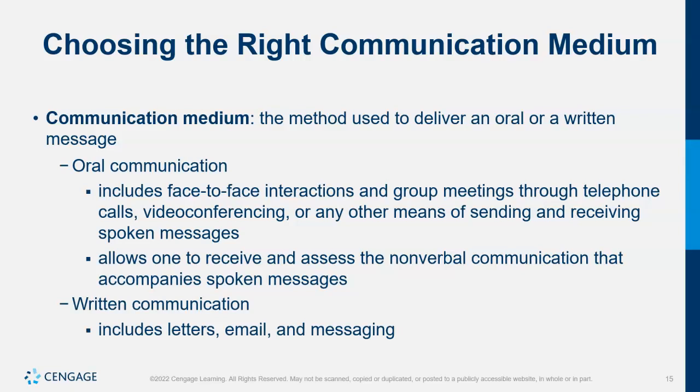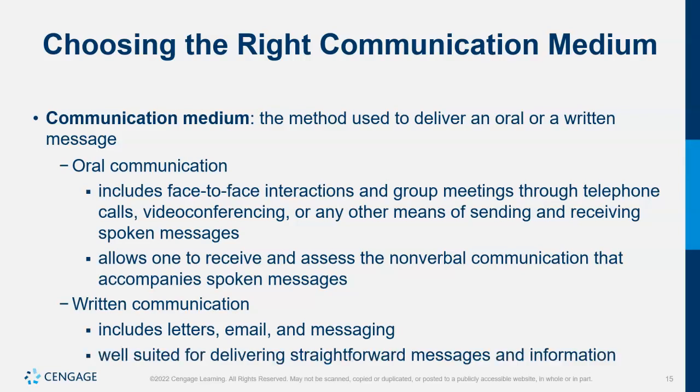You can have oral communication through telephone, video conferencing. I have one person who sends me voice memos sometimes. And then you have written communication: letters, emails, messaging, text messages. And it's important to choose the right communication medium at the right time.